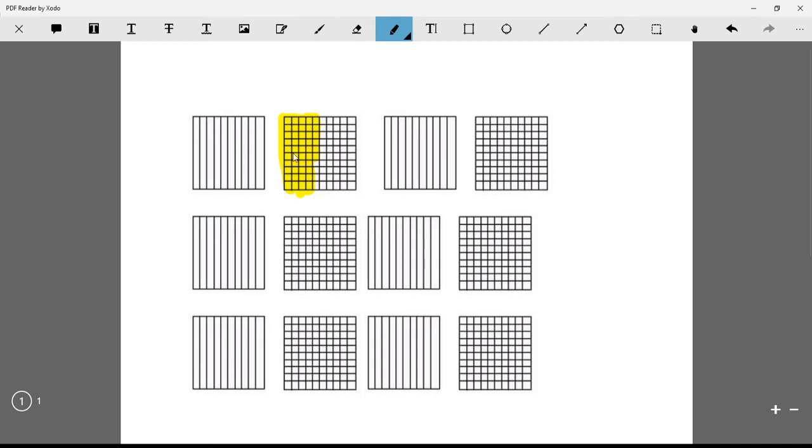Or what is the decimal that this represents. So we can count the amount of columns that are fully shaded. So it's 1, 2, 3, 4. So I know that 40 hundredths are shaded. And then we can count the squares individually of the one that's not shaded fully. And it's 1, 2, 3, 4, 5, 6.